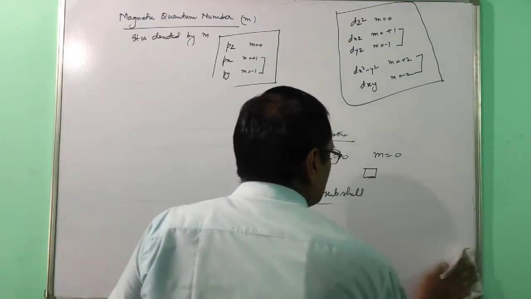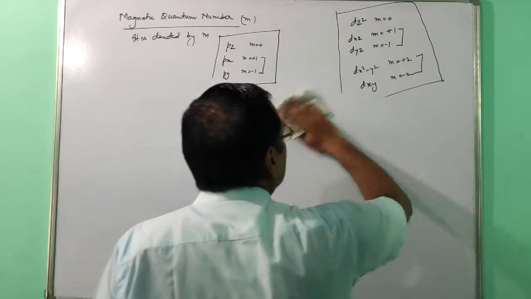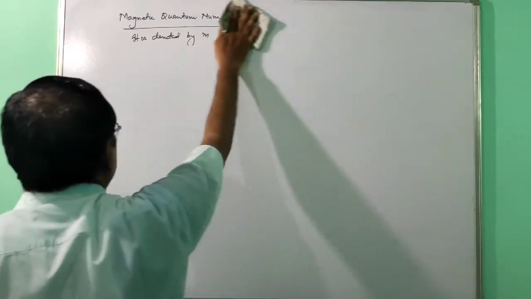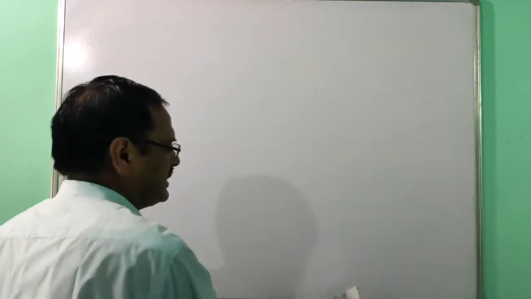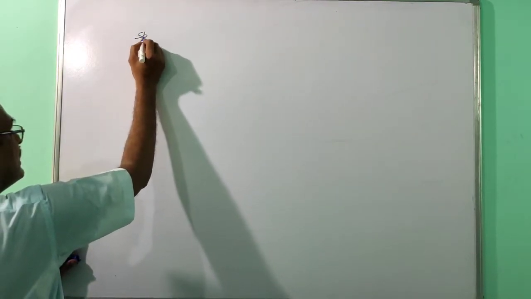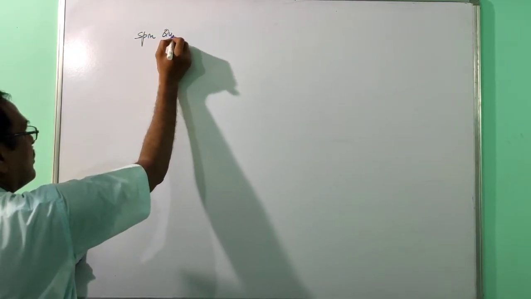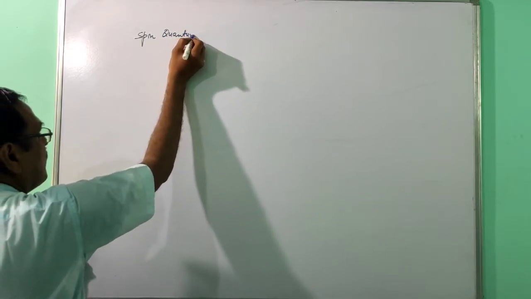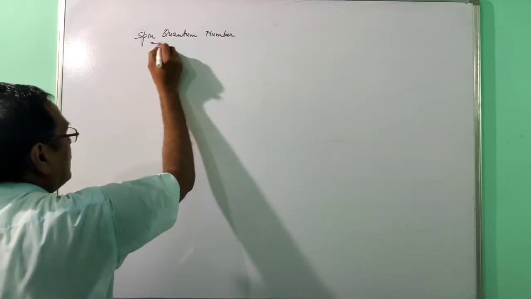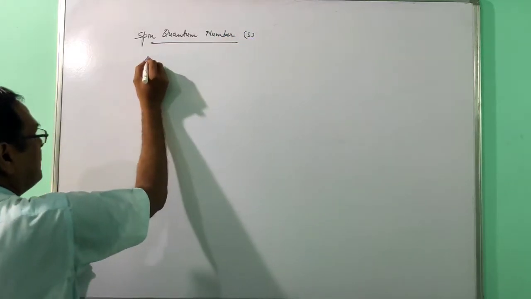So this spin quantum number tells about the spin motion of an electron in the orbital. It is denoted by s.